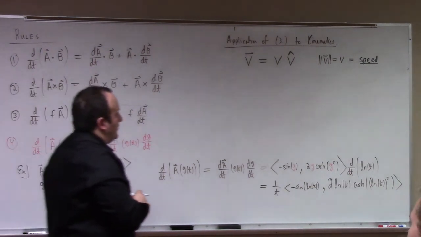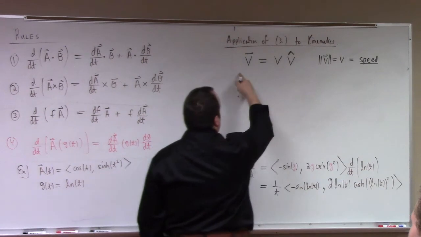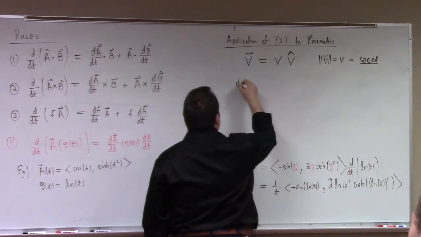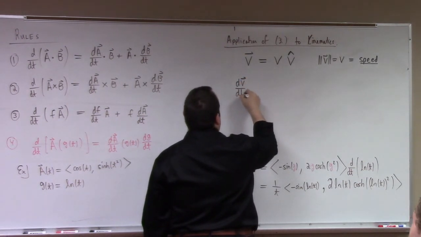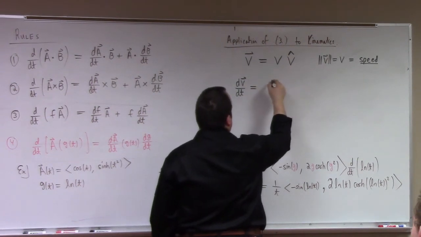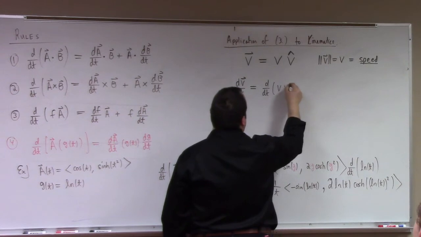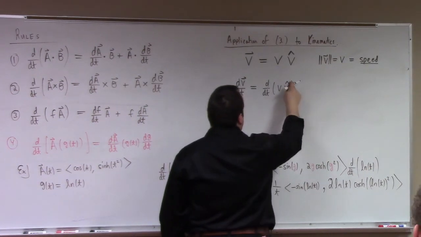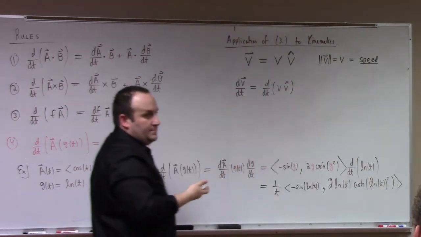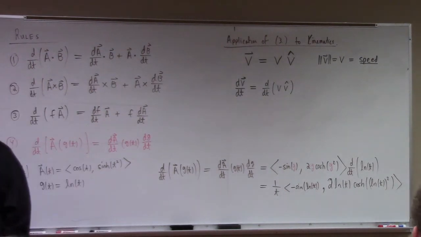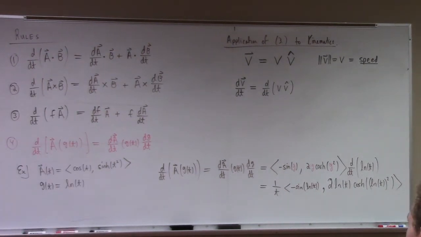And so, we could differentiate this. What happens when we differentiate dv dt? Well, we get d/dt of v times v hat, right? Now, v and v hat are both functions of time. One of them is a vector, one of them is a scalar. So we actually use rule number 3 to differentiate.